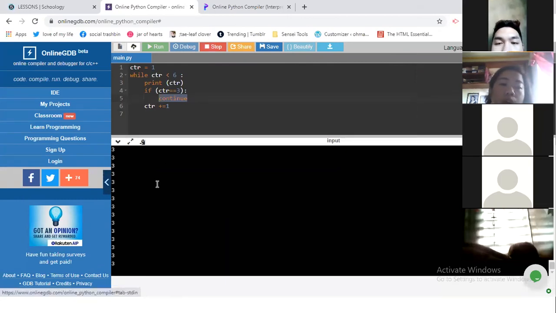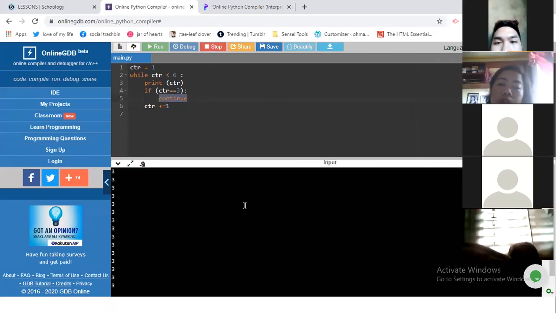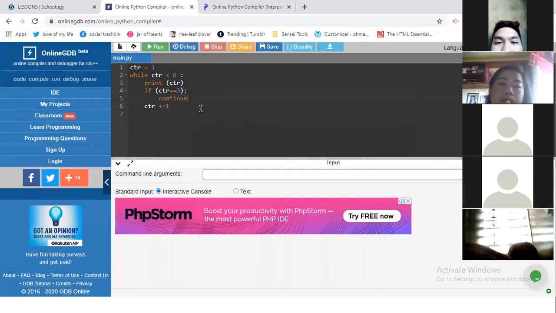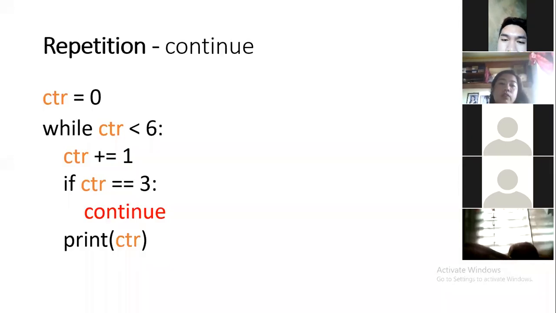Bakit 3 lang yung pinrint niya? This is supposed to be 1, 2, 3, 4, 5, 6. Stop. Increment naman. Counter less than 6. Difference nun. Let's check. Counter less than 6, counter plus 1.